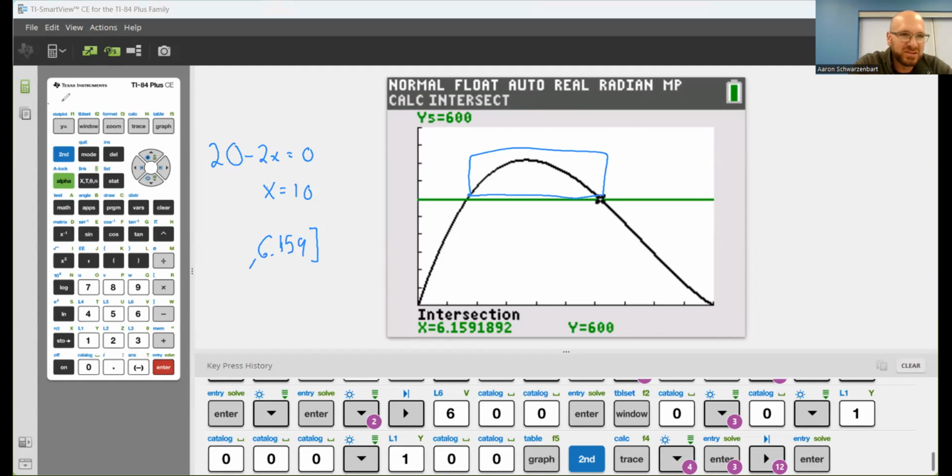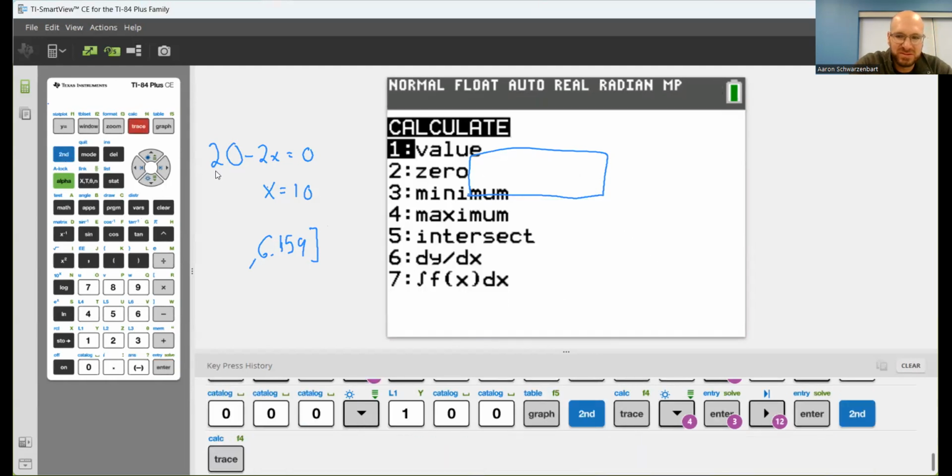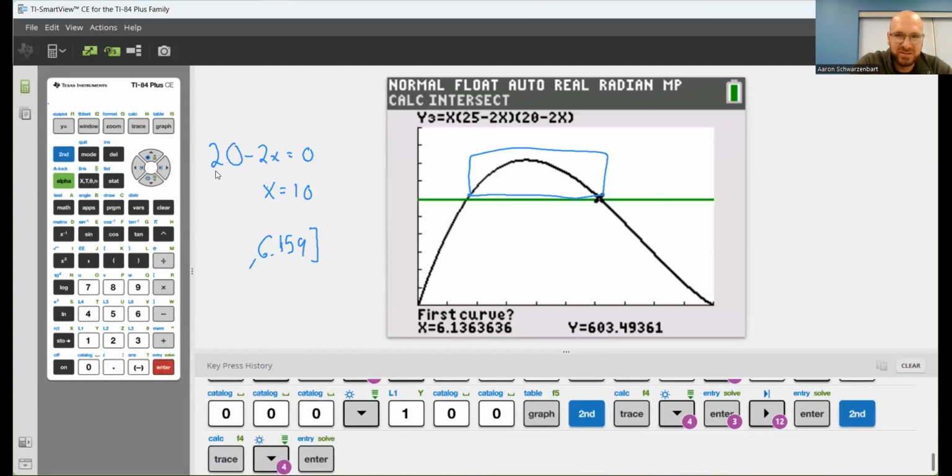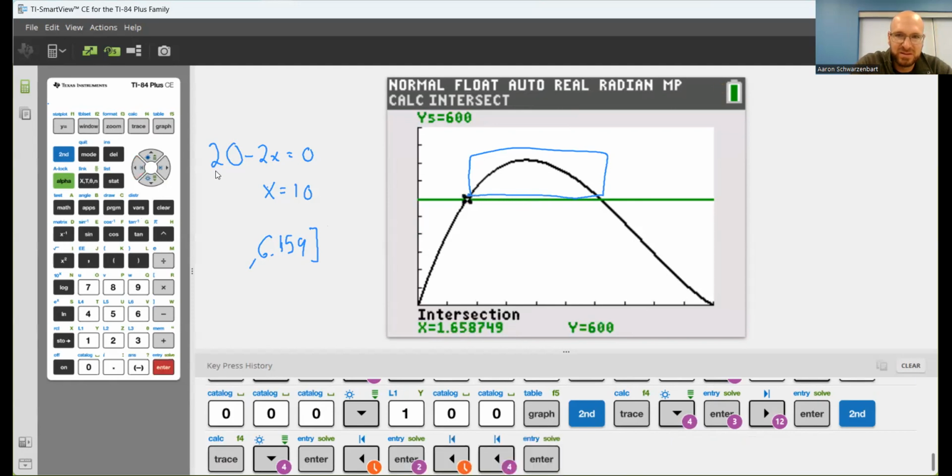Let's find our other intersection. Again, to get that intersection, I just make the guess closer. 1.659.